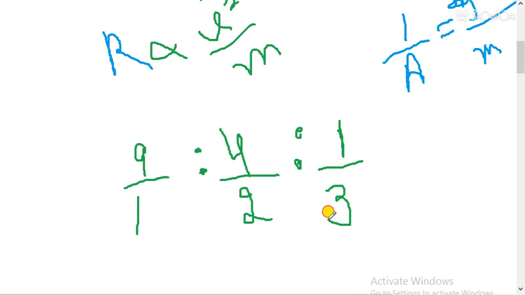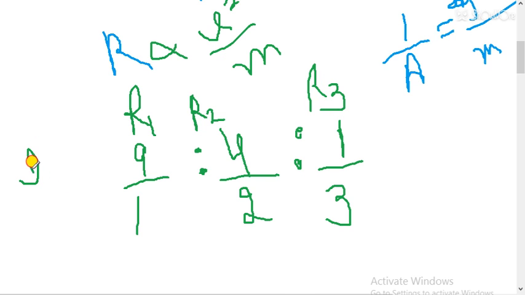Students, this is the ratio of three resistances R1, R2, R3. These are the ratios, because in the ratio the densities will cancel out, so these ratios are on the basis of L square by M. So 9 by 1, 4 by 2, 1 by 3.